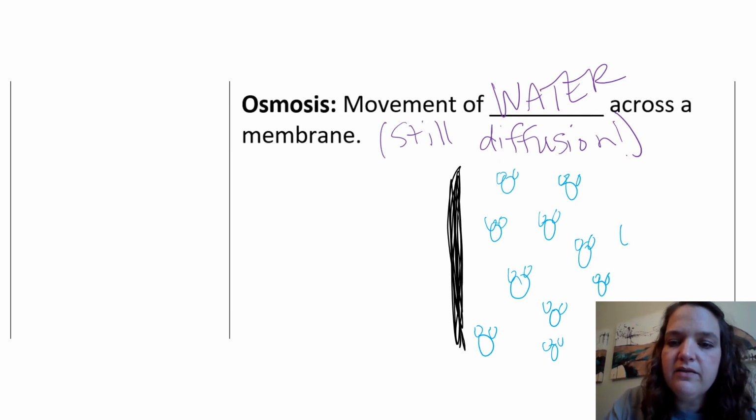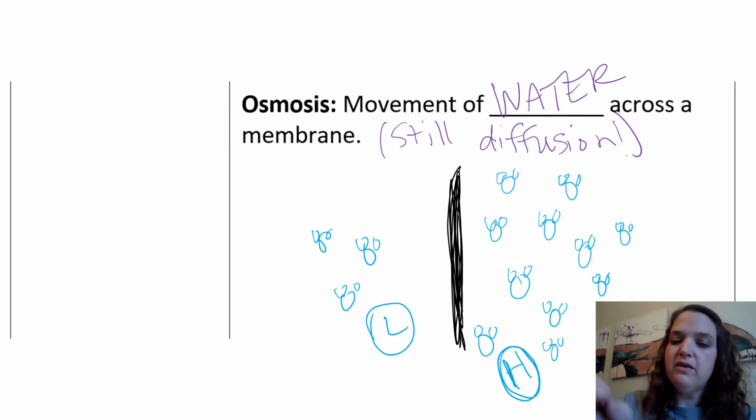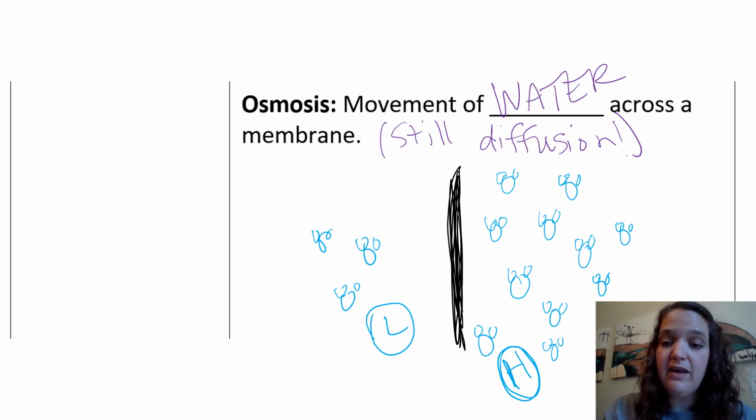So I have lots of water molecules over here on the right side. This is my high concentration, and I'm going to only have a few, or my low concentration, over on the left side. So now, because of diffusion, or osmosis in this case, we're still going from high concentration to low concentration.